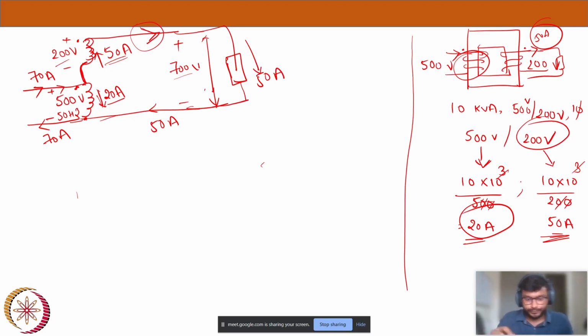Now let's see another interesting thing. We have seen the currents that the windings handle. Another interesting thing is kVA. We know our transformer originally is 10 kVA rating. Now if we see this circuit, let's see how much kVA is being handled by this entire auto transformer.